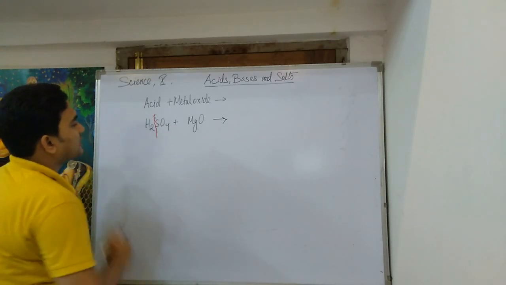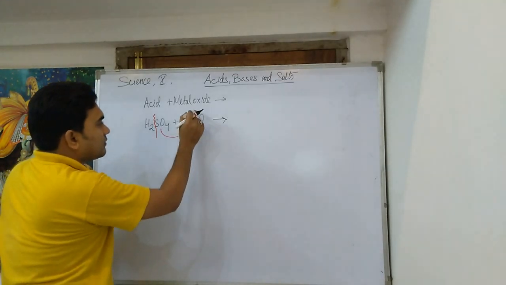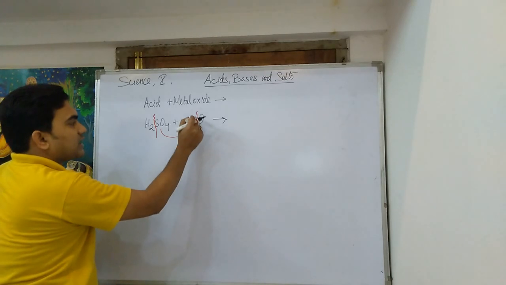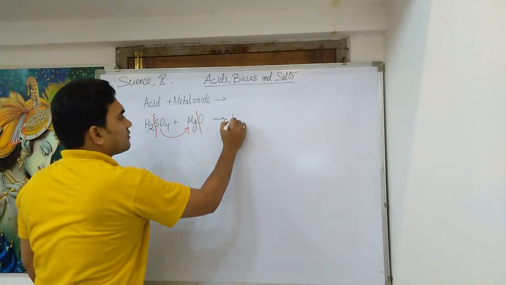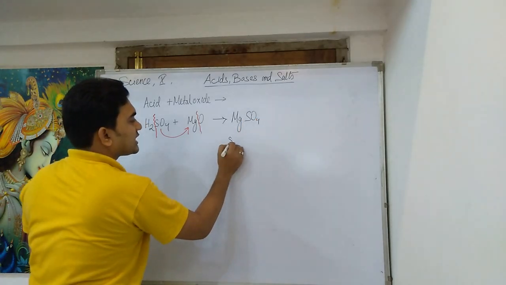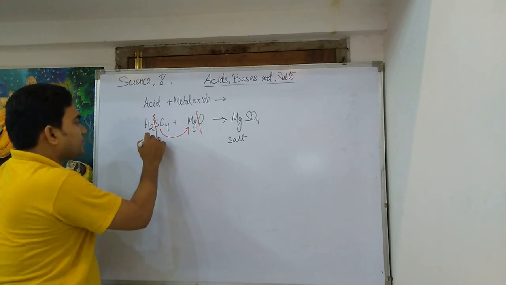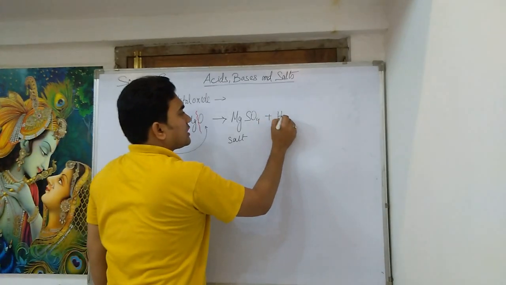This sulfate goes to the metal. This sulfate is an anion, the metal part is a cation. So by electrostatic bonding they form magnesium sulfate, which is again a salt. Now the remaining hydrogen and oxygen, they form water.